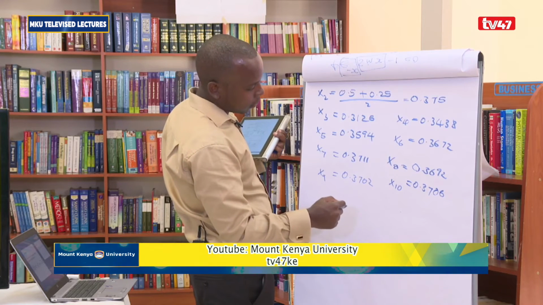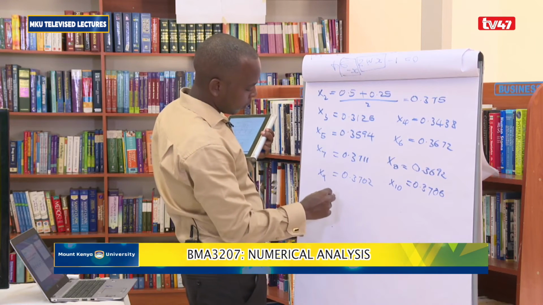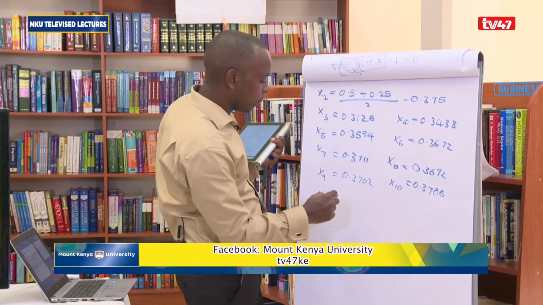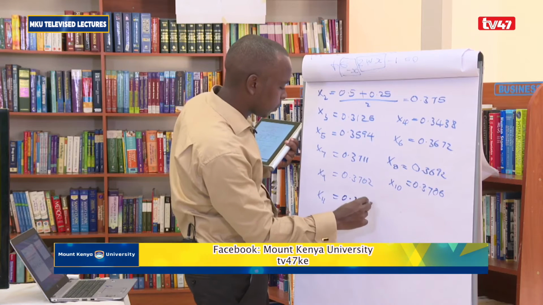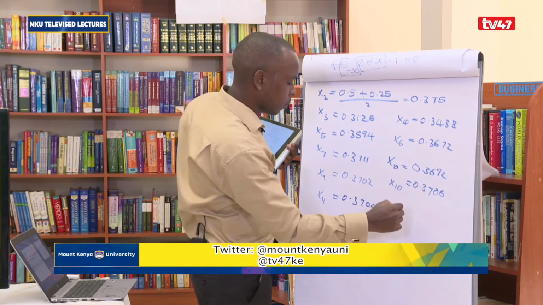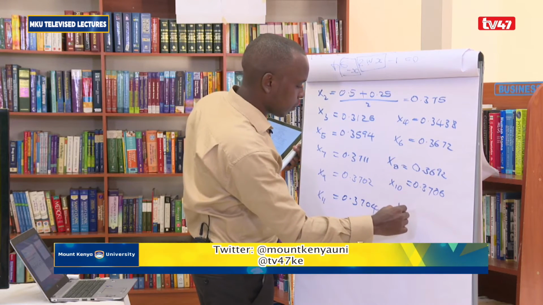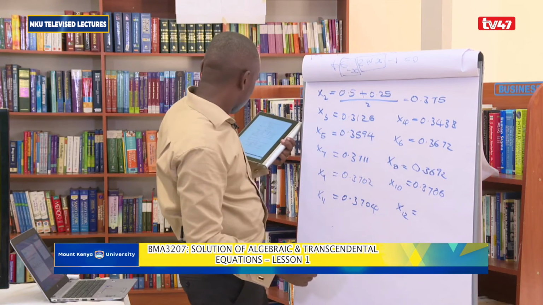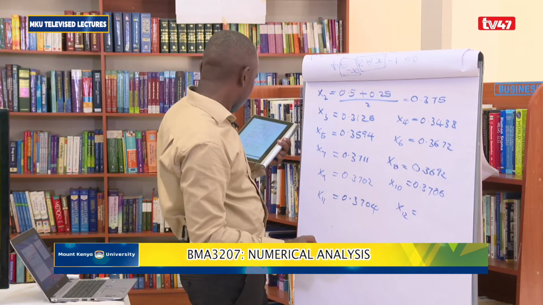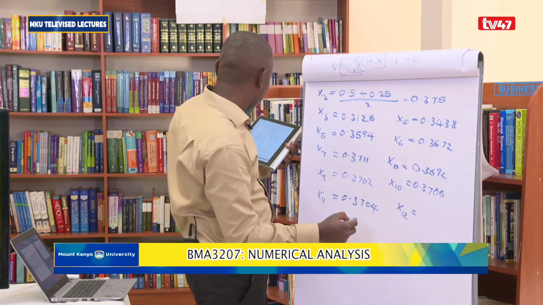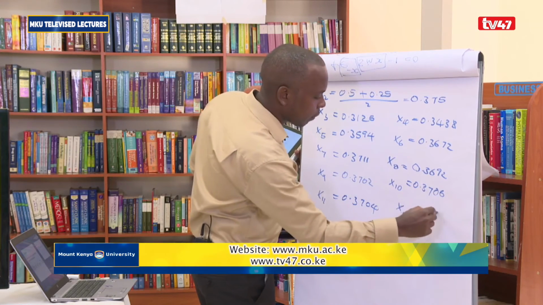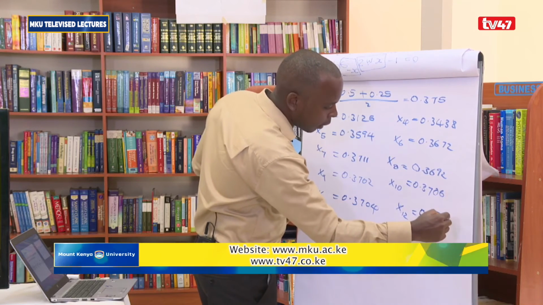x11 will be 0.3704, and x12 will be 0.3705.